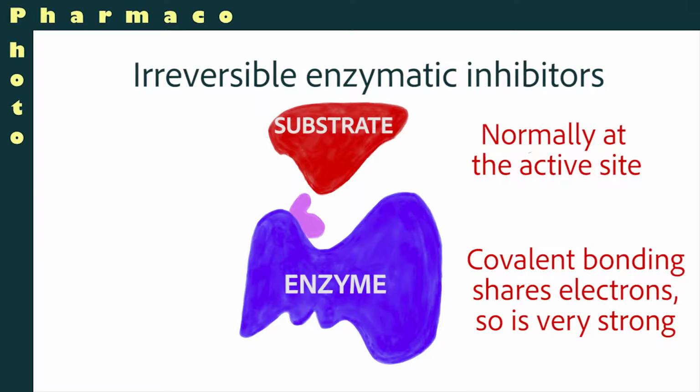And the answer is, just because it is an irreversible inhibition, it doesn't mean that we'll never have that enzyme again. We just need to make more of that enzyme. So from a clinical aspect, you could understand how an irreversible inhibitor is often going to last a lot longer than the effects of a reversible inhibitor.